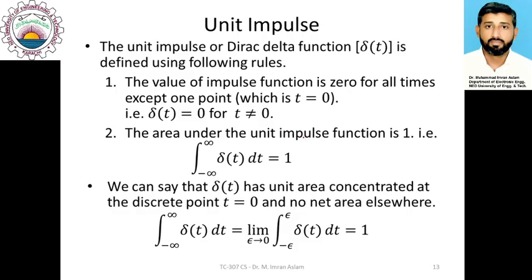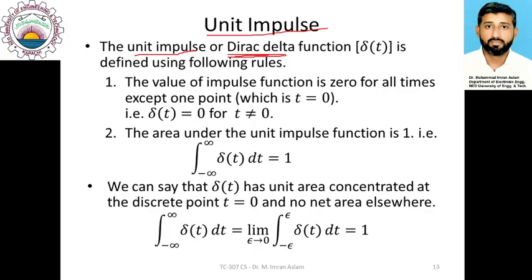Okay, the third and last function that we are going to discuss in this lecture is the unit impulse function, or unit impulse signal. Mathematically, it is named the Dirac delta function. The Dirac delta function is actually not a mathematical function.